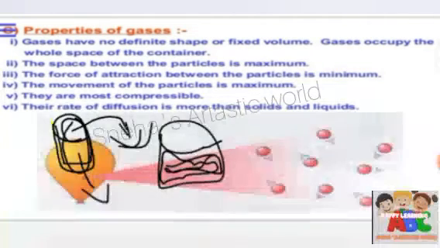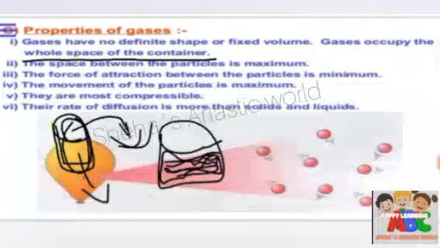When I put it in the large glass or large beaker, it occupies the whole space of the container. Okay, clear? Gases have no definite shape and no fixed volume. Very easy. The properties of solids and gases are opposite. If you only remember the properties of solid, you can easily write the properties of gaseous.